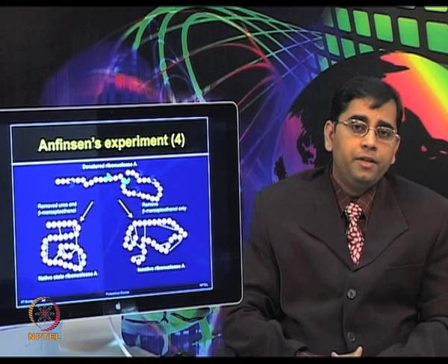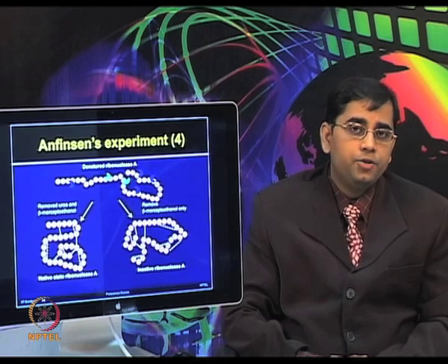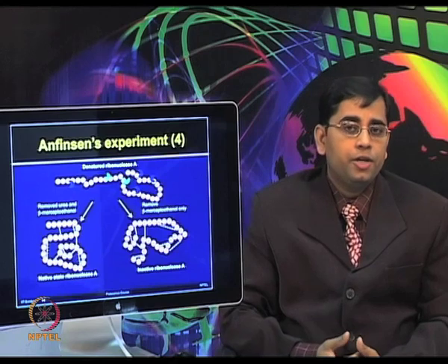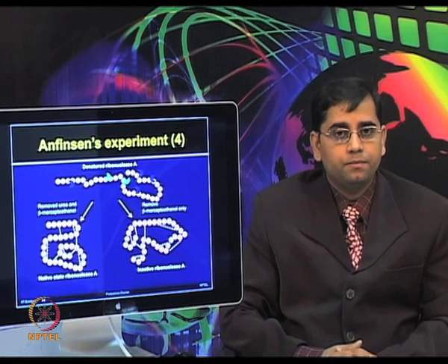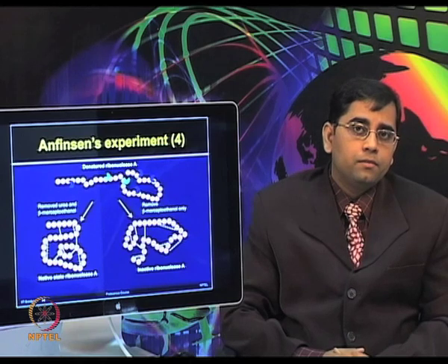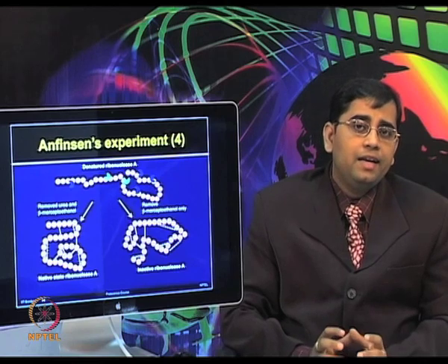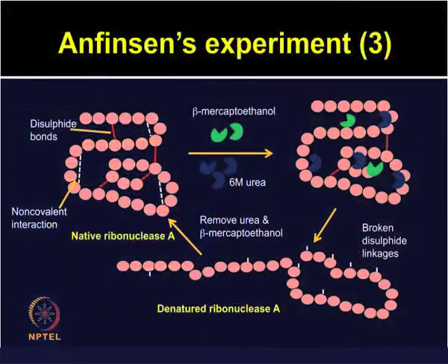When Anfinsen repeated this experiment in the presence of the denaturant urea, that led to regeneration of less than 1% of enzyme activity. So, what could be the reason? In fact, urea prevented the correct disulfide pairing, which resulted in the scrambled form, scrambled ribonuclease.